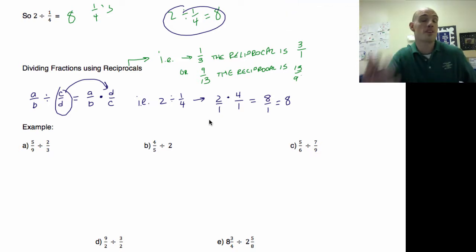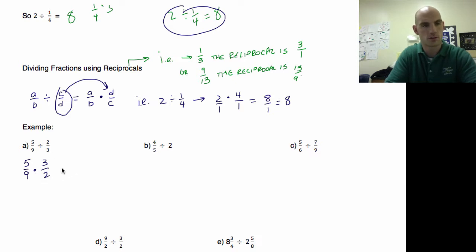And so if I'm using reciprocals to multiply instead of divide, if I've got a problem like here in A, all I need to do is switch it up. So 5/9 divided by 2/3. I am going to do a method here. 5/9 times 3/2. What I can do is cross reduce.